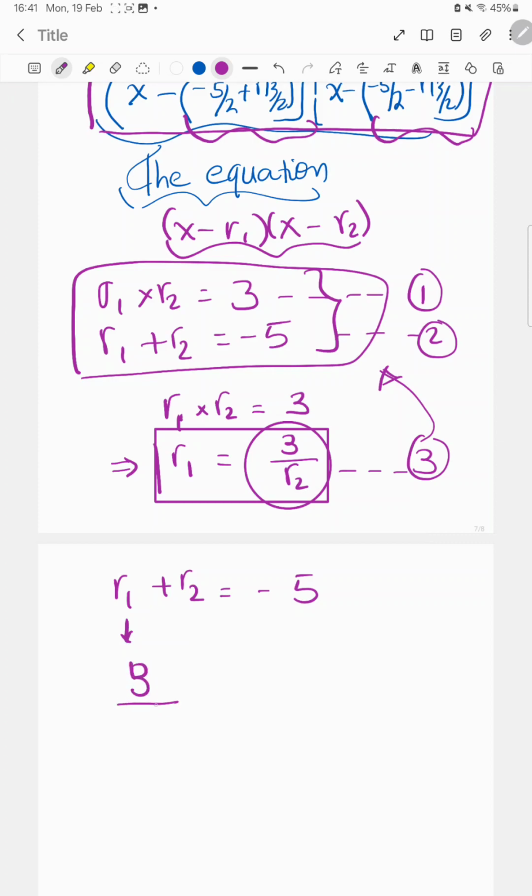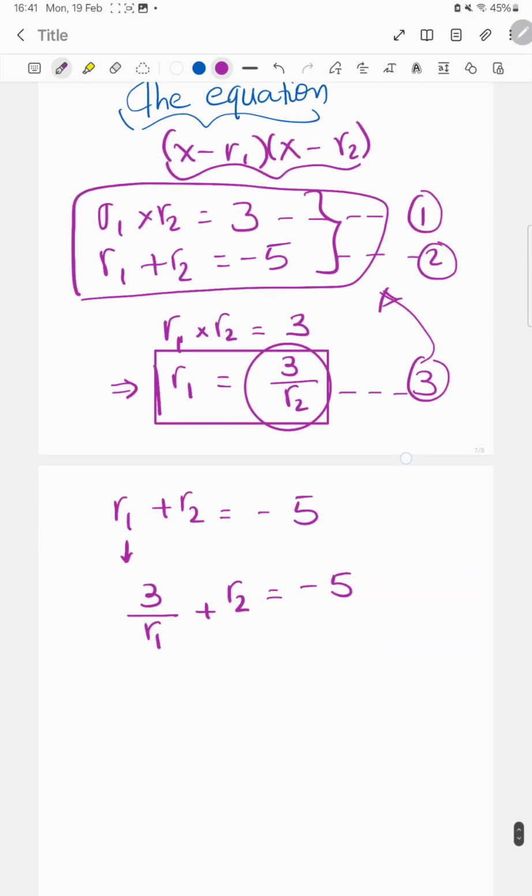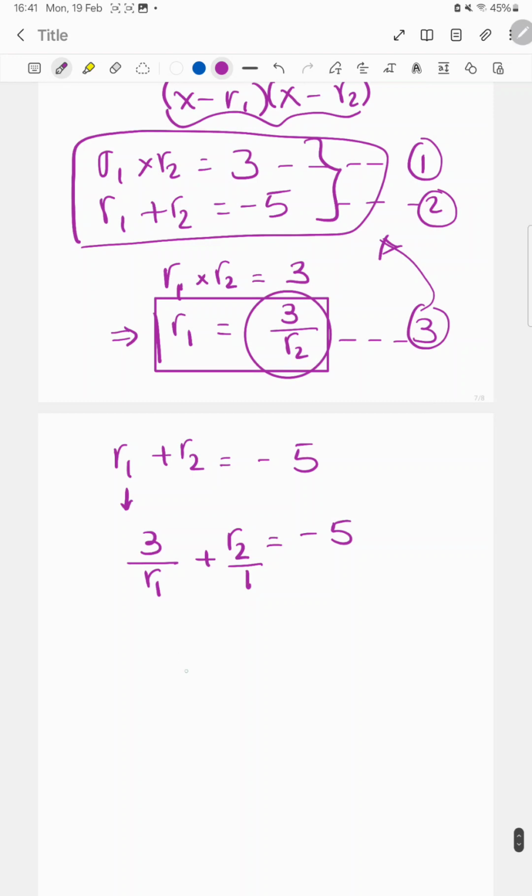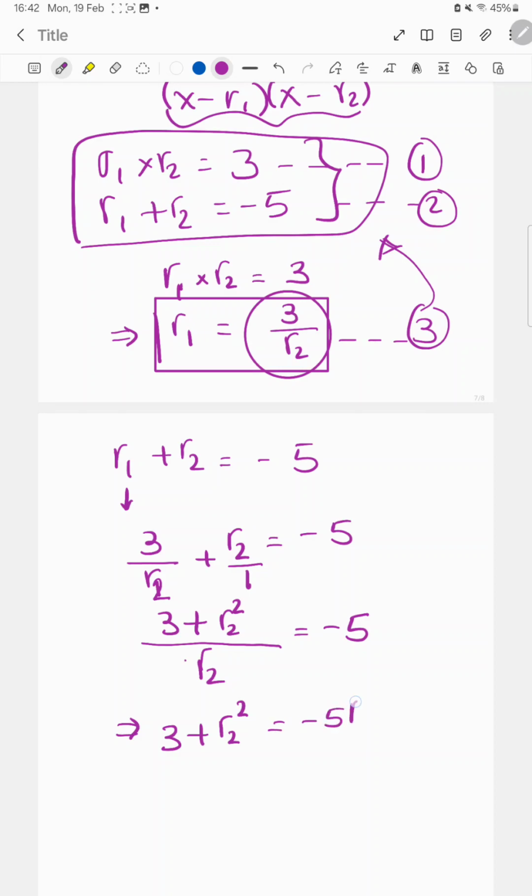3 divided by r2 plus r2 is equal to minus 5. Here I have a denominator of 1, so let's take a common denominator, r2. 3 plus r2 squared, over r2, is equal to minus 5, which implies 3 plus r2 squared is equal to minus 5 r2.